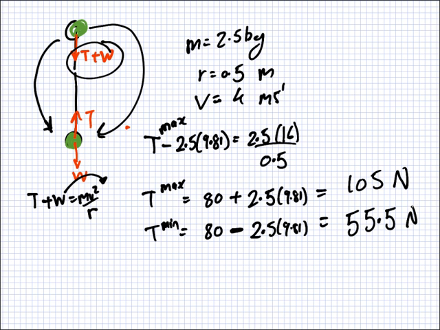I rounded correctly. Oh, it's 104.5. 0.5 means round up. I know, I rounded incorrectly. That's okay. Right. You got that one?